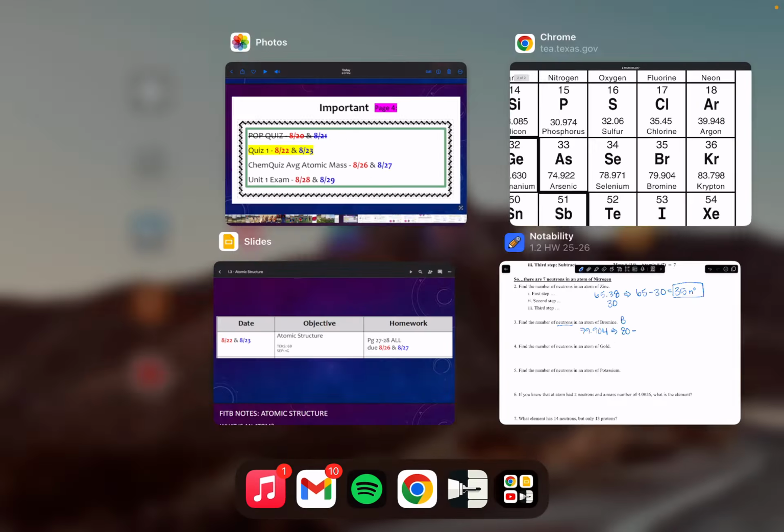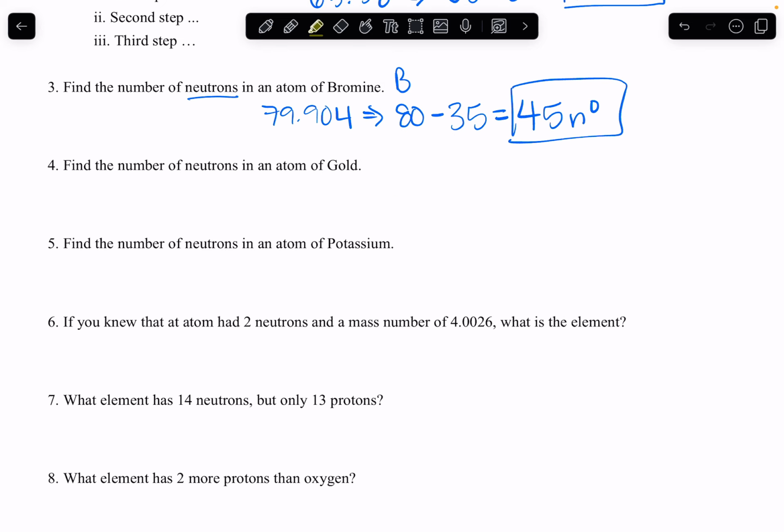So my total, 80 minus 35, is 45 neutrons. Okay? You should always box your answers so we know what the answer is. All right, you can do number 4, you can do number 5.